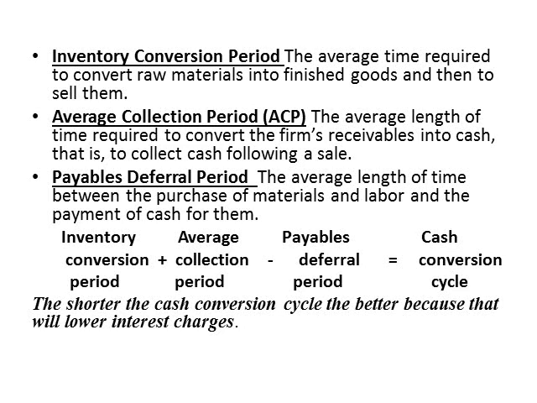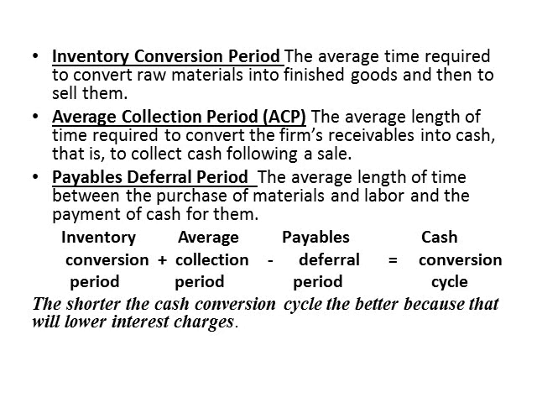Finally, the cash conversion cycle, which is one of the very important components of working capital, equal to the inventory conversion period plus the average collection period minus the payable deferral period. The shorter the cash conversion cycle, the better, because we'll have lower interest rate charges and higher profit.